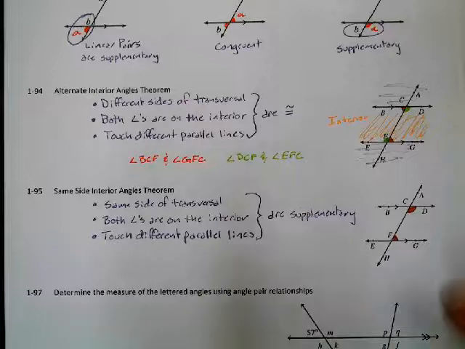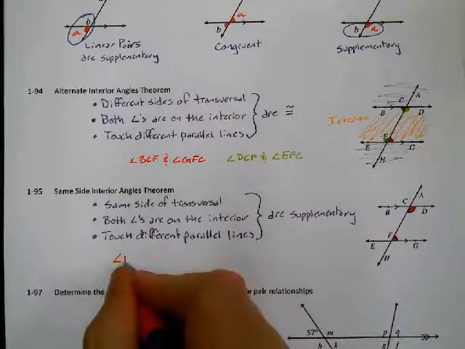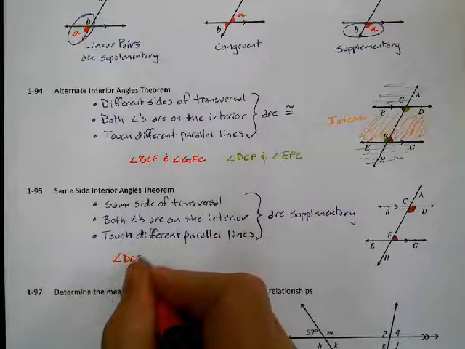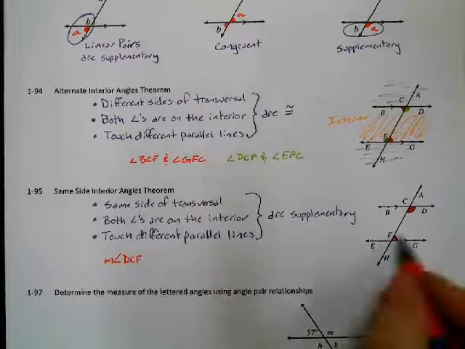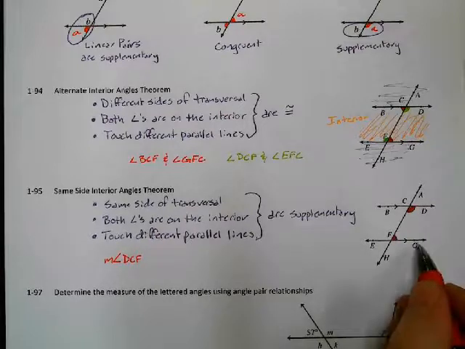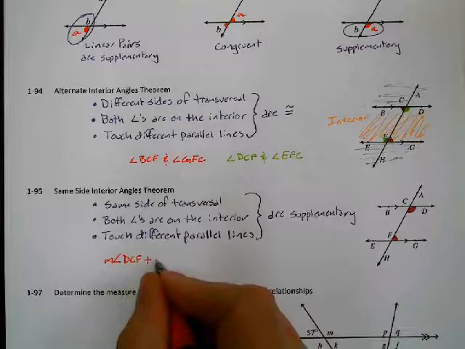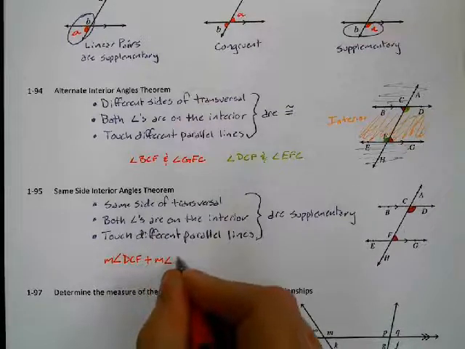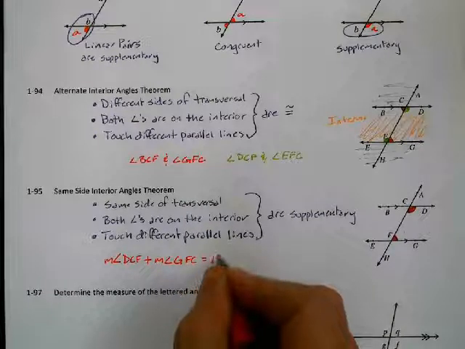This would be DCF. So angle DCF, the measurement of that angle plus this angle down here, GFC. Those two are supplementary, so they're going to add up to 180 degrees.